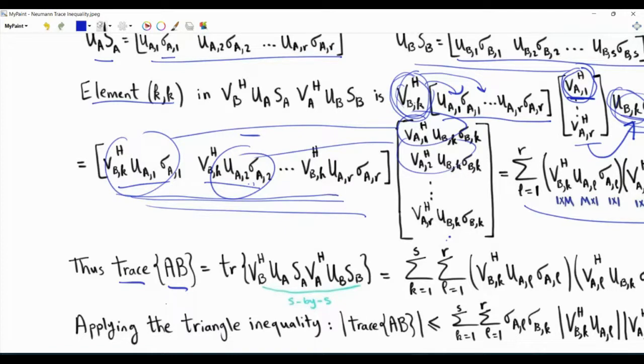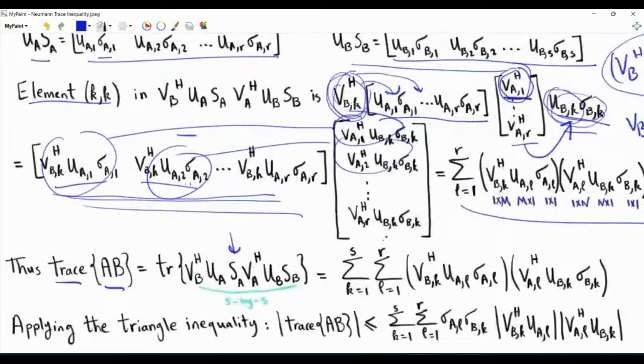We discovered that we can write down the trace of AB as the trace of this S by S matrix. And the S by S matrix contains basically those matrices that come from doing the reduced SVD of A and B. We focused on element kk in this matrix.